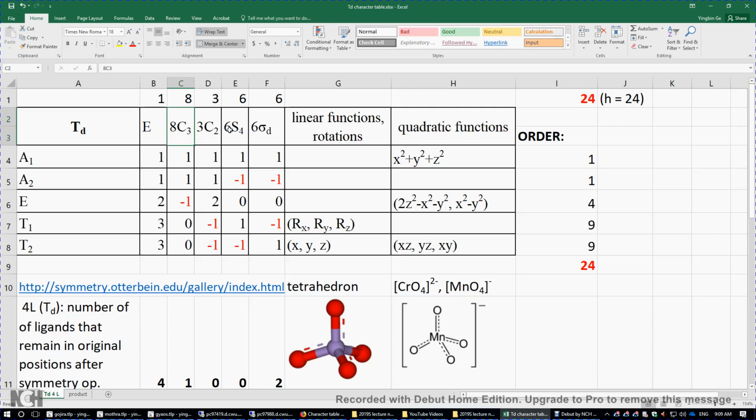So basically, I'm going to show you one of the S4 improper axes. So this one, the same as the C2 rotation axis. This is also S4.